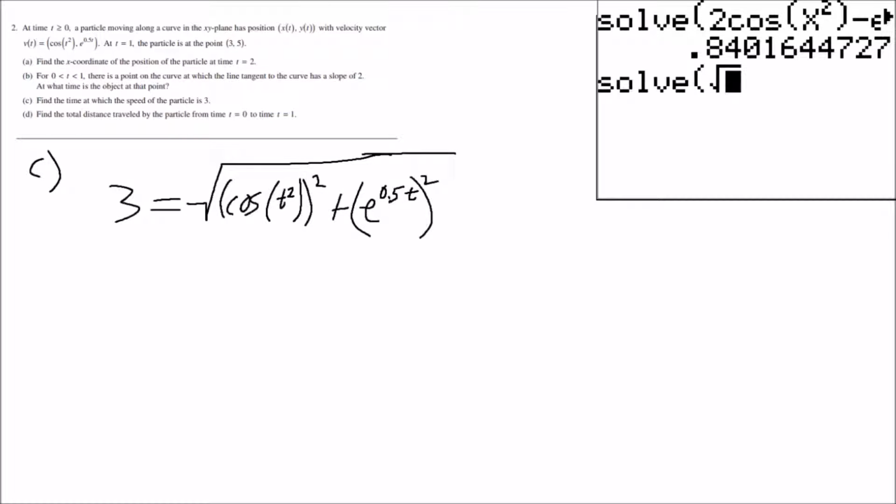Cosine of x squared plus e to the 0.5 x squared minus 3.